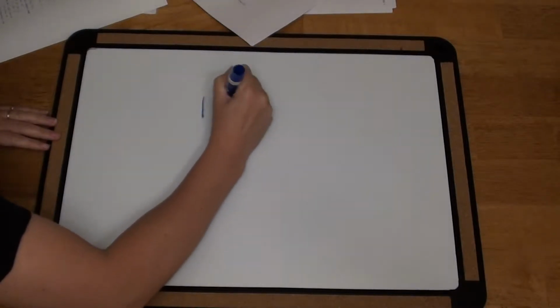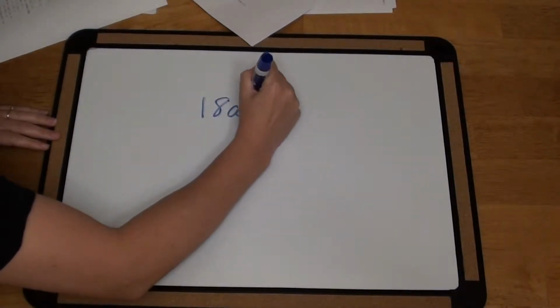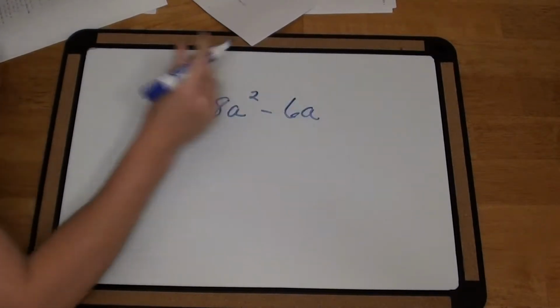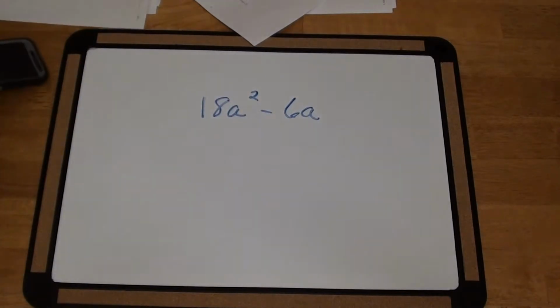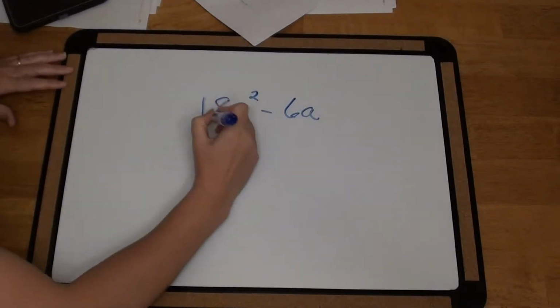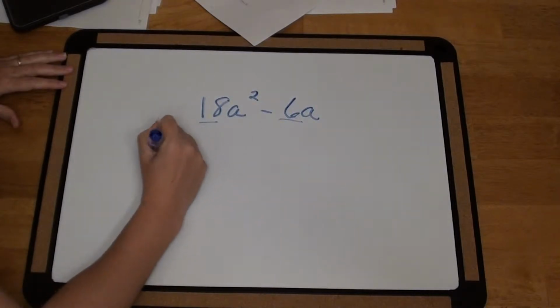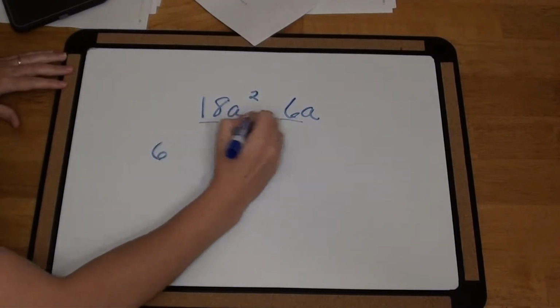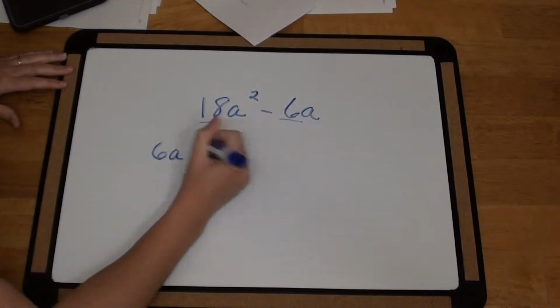There are a few ways to factor, and this packet reviews those ways that we factor. The first thing that we could do is something like this. If we have 18a squared minus 6a, we could pull out a common factor. In this situation, 18 and 6 share the factor 6, and a squared and a share the factor a.